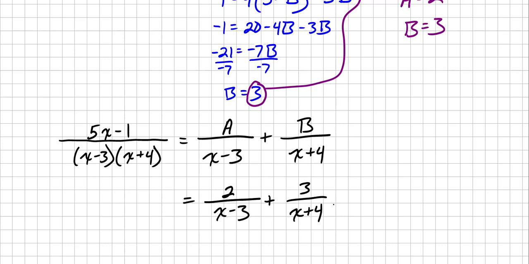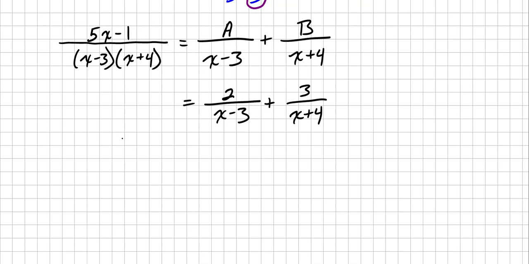Now, using this inside an integration, if I started out originally with the integral, and I'm just going to use a general integral here, an indefinite one, it'll be the integral of (5x - 1) over (x squared + x - 12) dx.